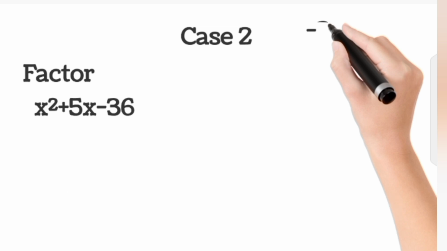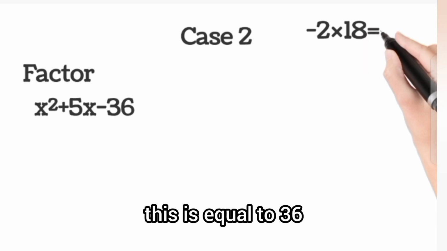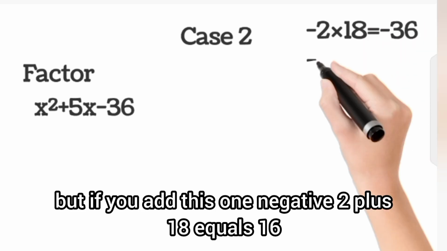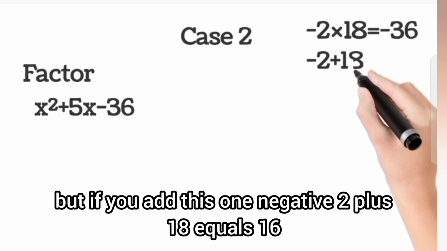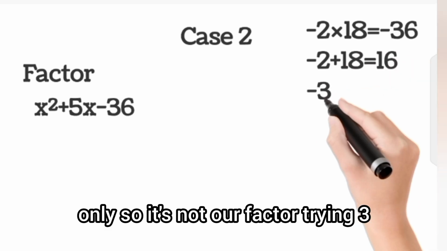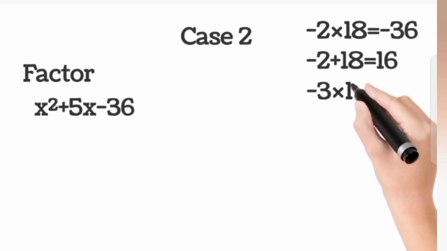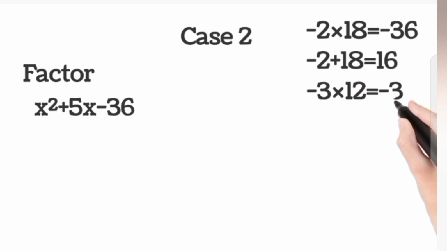So first, the factors for negative 36 can be negative 2 times 18. This is equals to negative 36. But if you add this one, negative 2 plus 18 equals 16 only. So it's not our factor. Trying negative 3 times 12 is equals to negative 36.